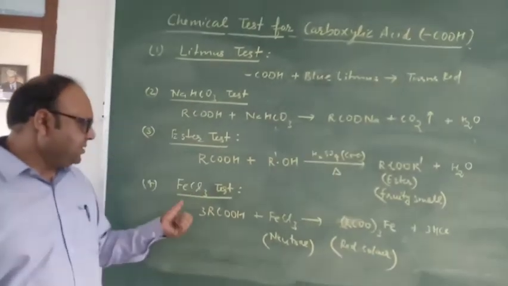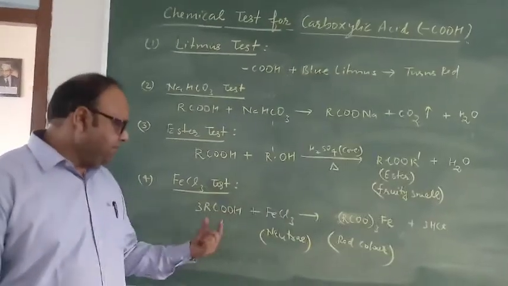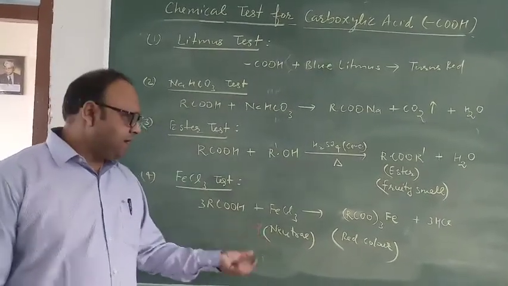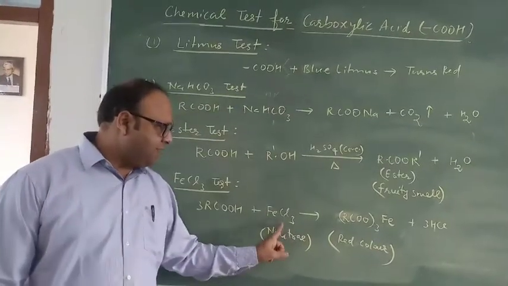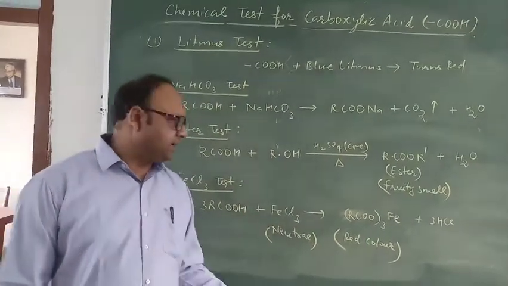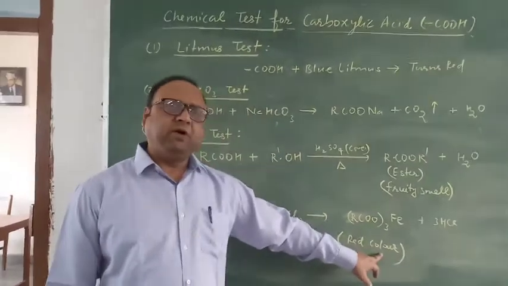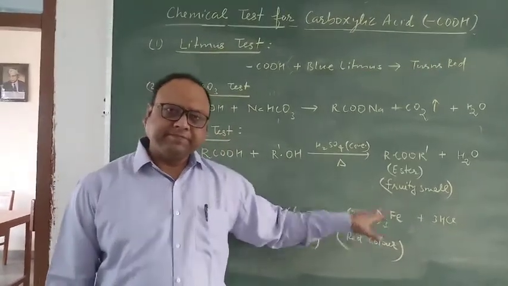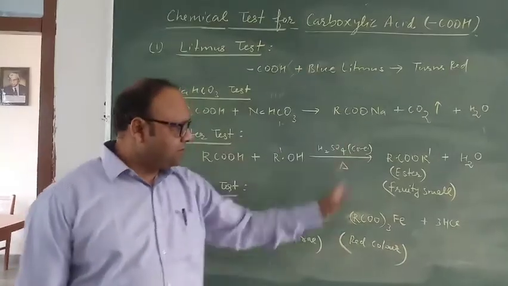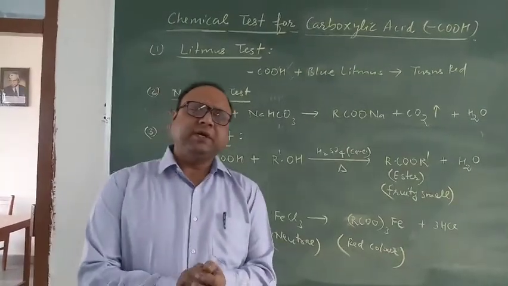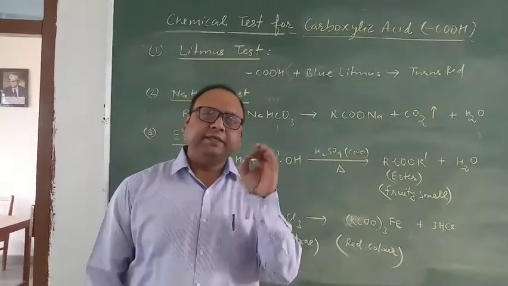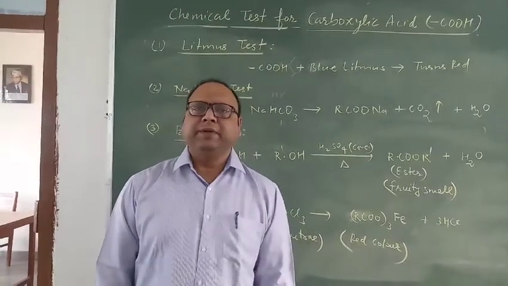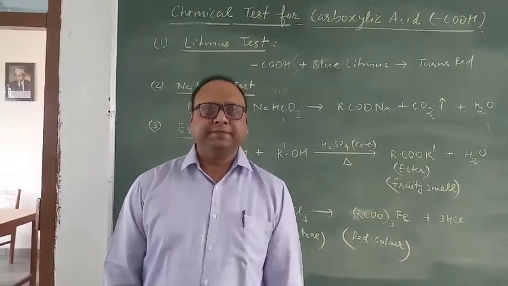The fourth test is the ferric chloride test. When 1 ml of carboxylic acid and a few drops of neutral FeCl3 solution are added, a red color is obtained due to the formation of ferric carboxylate. So if all these four confirmations are completed, it is confirmed that the given compound is a carboxylic acid.